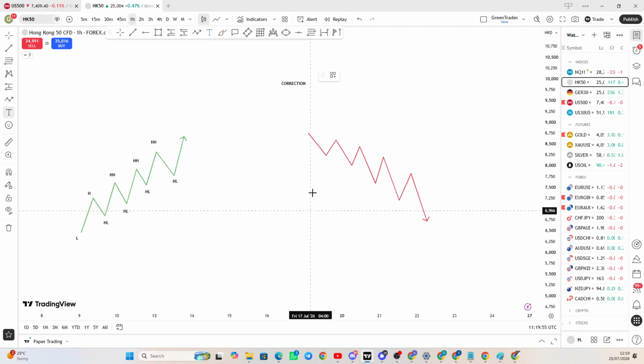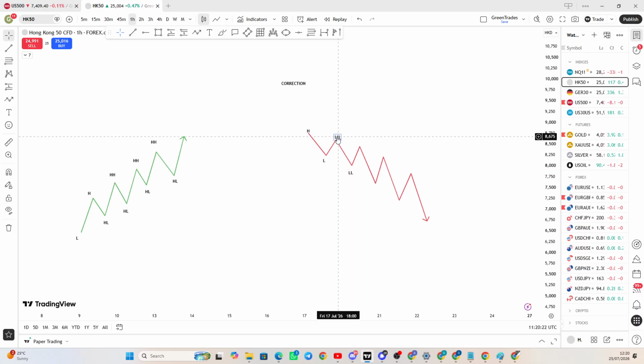Let's look at what the bearish market looks like. So this is going to be a high, and this is going to be a low. With a bearish market, it means that lows are being broken, right? So we're going to have a high which is lower than the previous high, which is a lower high, and then a low that is lower than the previous low, which is a lower low.